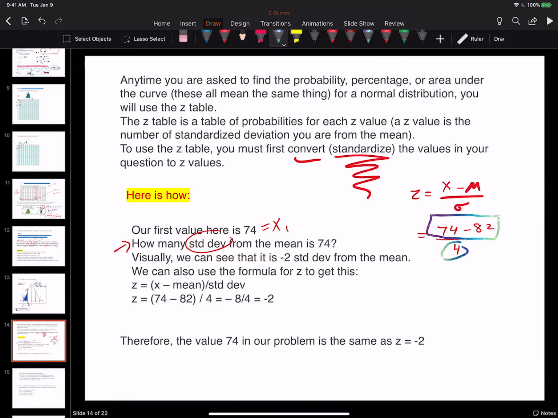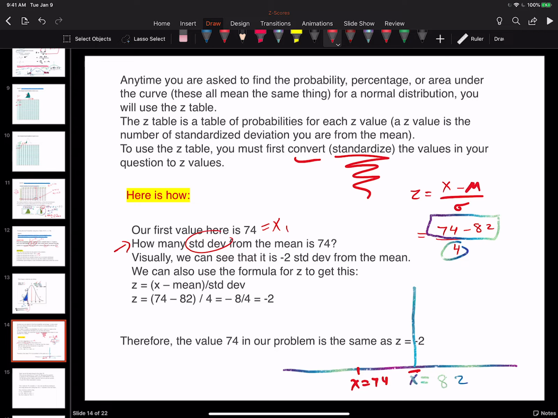Let me graph it before I do the math. This is what we have, and this is the mean. This is x equals 82, and let's call this one x bar, x equals 74.